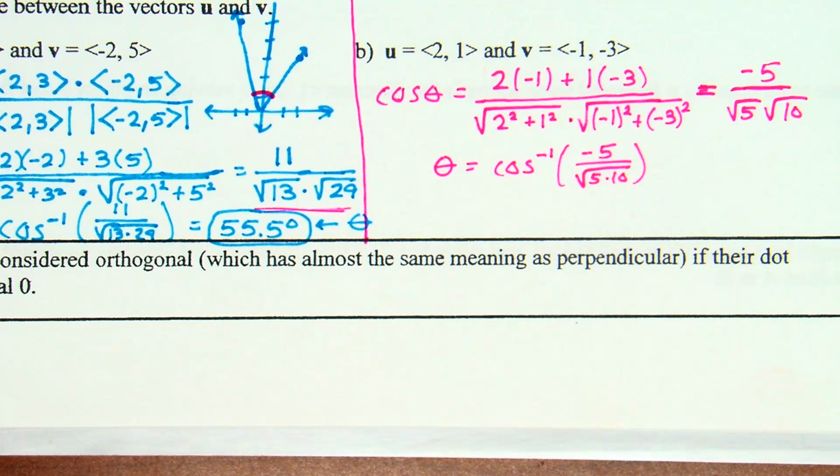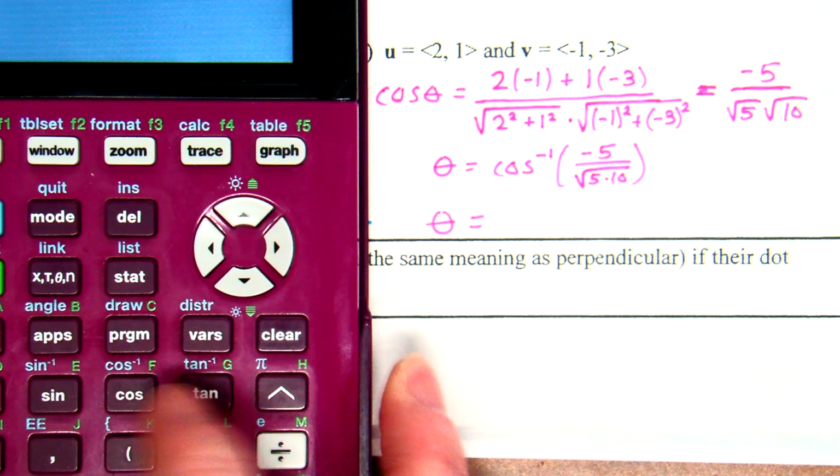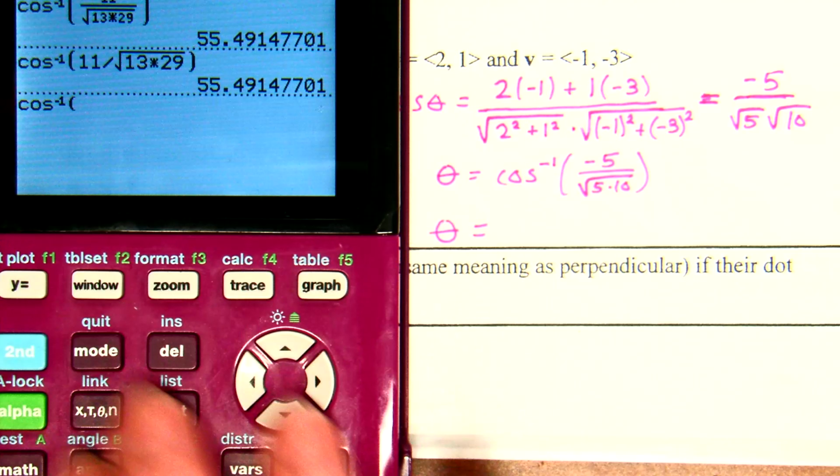The 13 times 29, I didn't know what that was, obviously, and so I just left it. 5 times 10, it's 50. That's easy. Make sure you know how to use your calculators. Cosine inverse of negative 5 divided by square root of 50.